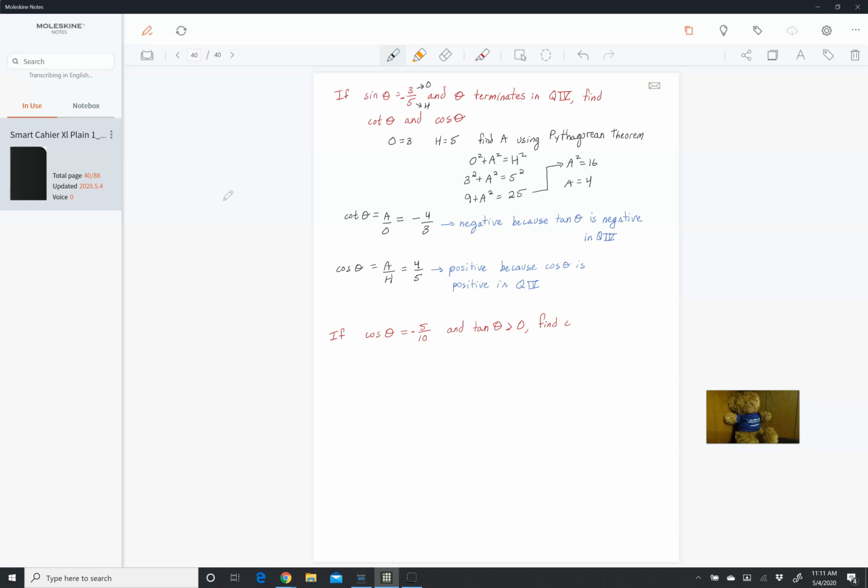Find cosecant of theta and cotangent of theta.